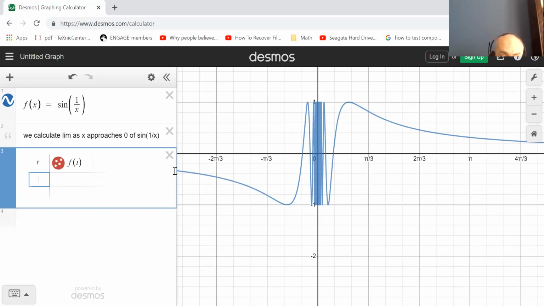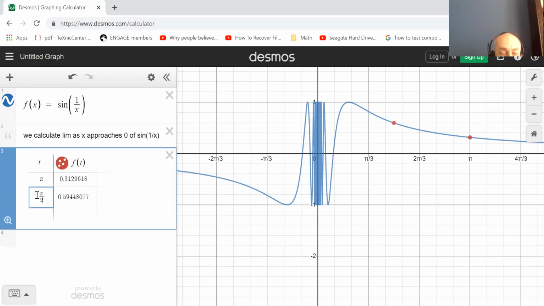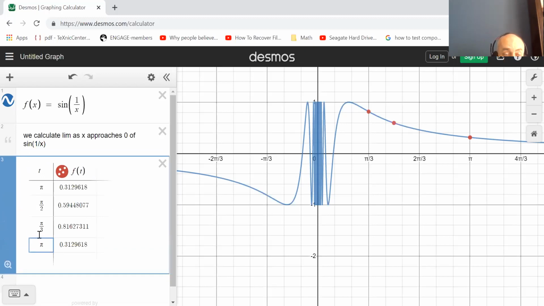So let's give values like pi, for example. We start like we did before, and then we do pi over 2, and then we do pi over 3, and then we do pi over 4. And then we do pi over 5.